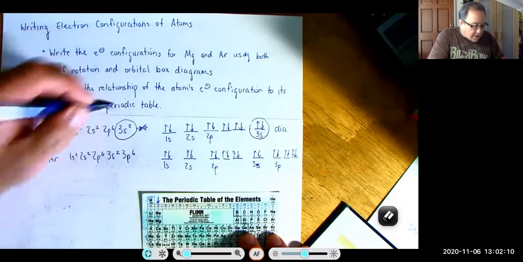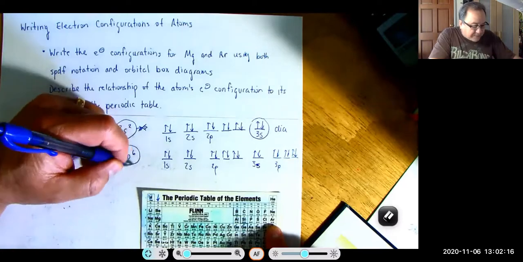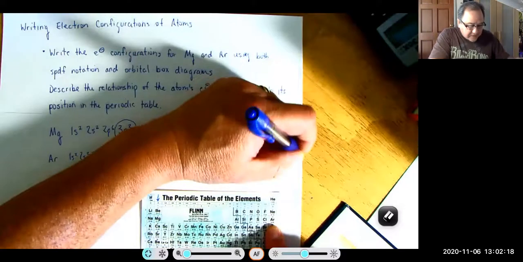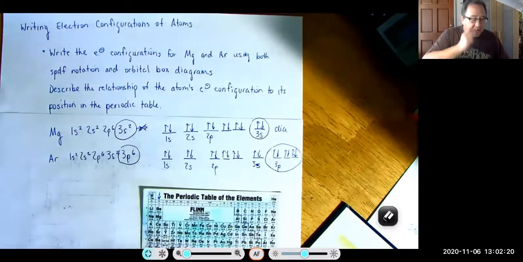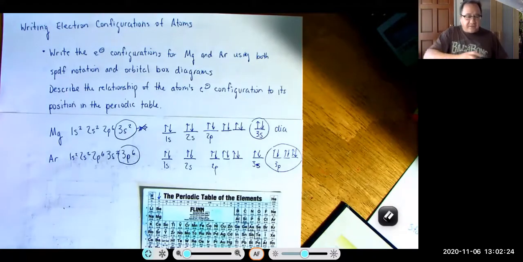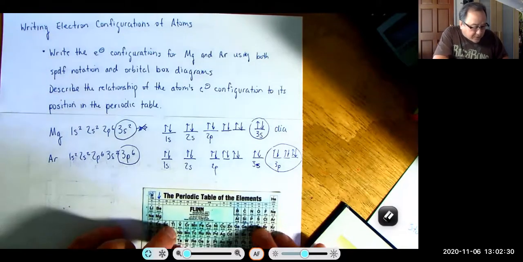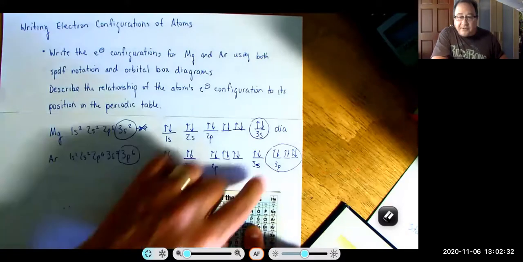And do you see how argon is the sixth element in the P block? That's why it ends up with 3p6. So that's what they're kind of looking for: how many electrons you see from that particular block. And it depends on where the element is in the block. Like if you ended with phosphorus, it'd be 3p3.